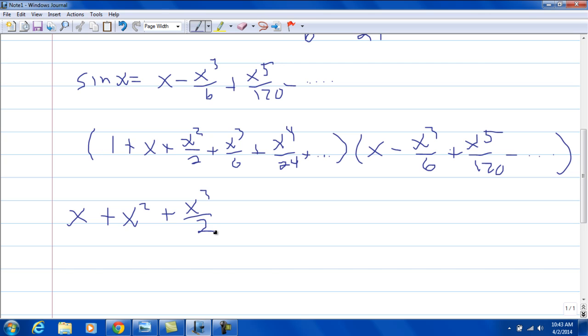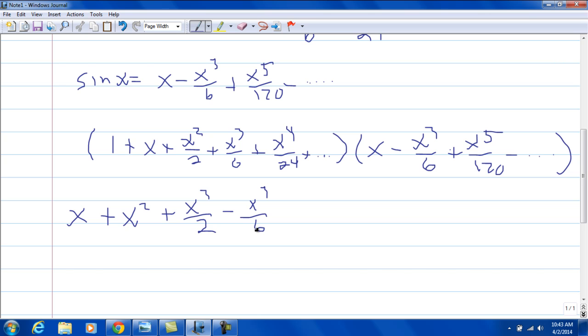I'm looking at powers here. 1 times the negative x cubed over 6, that's going to be minus x cubed over 6. And so now I think that's going to exhaust the x cubes.